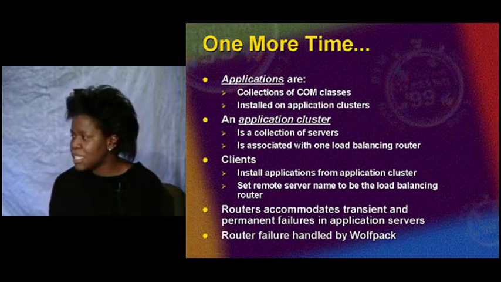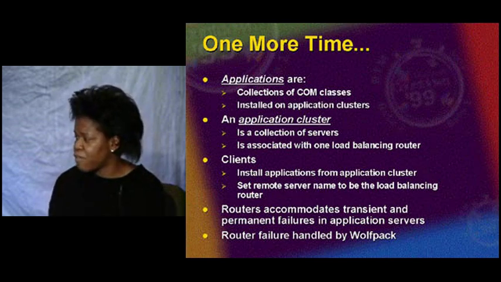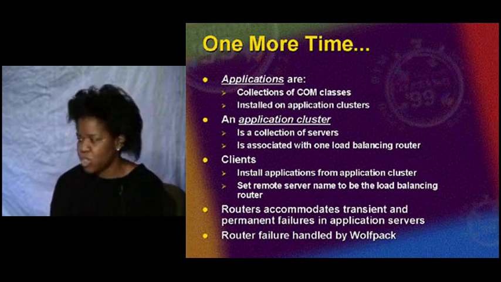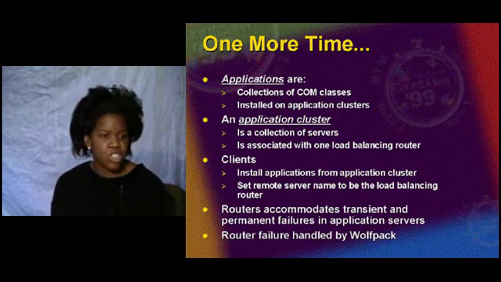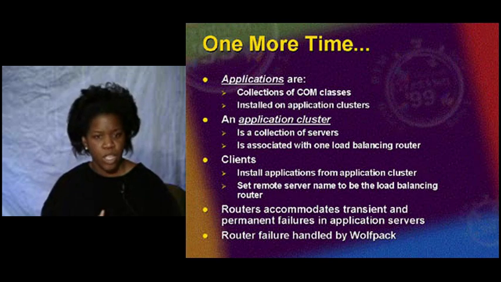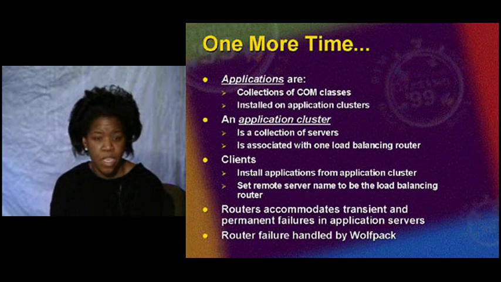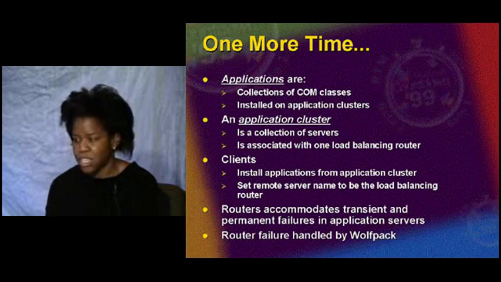And the clients basically install the applications from the application server, and they pass on the co-create instance to the component load balancer. And the nice thing is that the routers, from a network load balancing scenario, provide you a mechanism so that you have IP failover, and so that if any one server within the environment is down, the client never knows this.